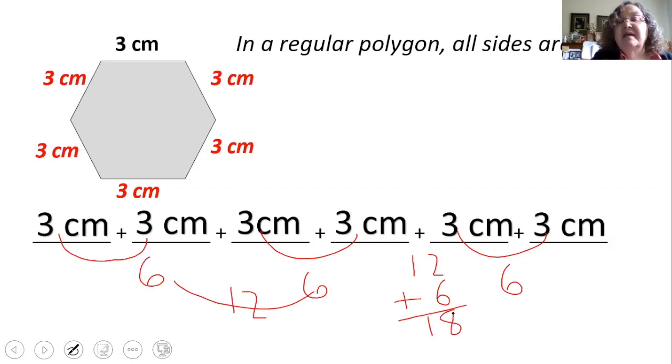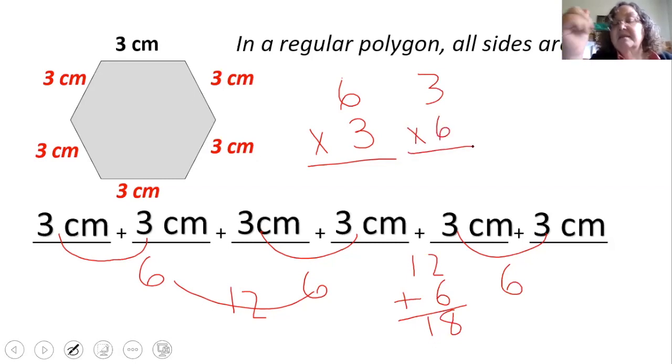Did you say 6 times 3? Very good, because I have 6 groups of 3, or I could have written it 3 times 6. Okay. So 6 times 3 or 3 times 6 is still 18.